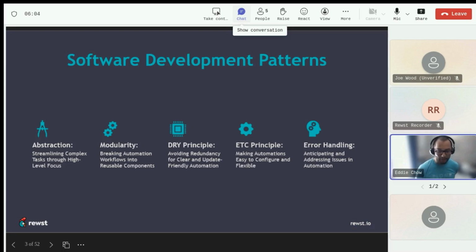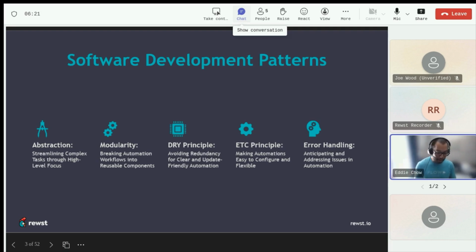The story so far is from the software development world, we've taken principles like DRY, don't repeat yourself, easy to change or easy to configure, as well as defensive automation through things like error handling.